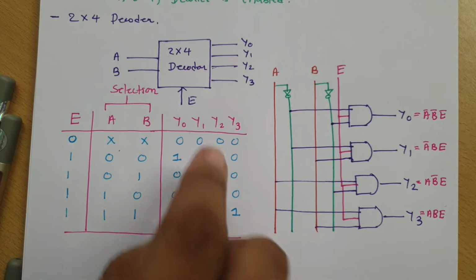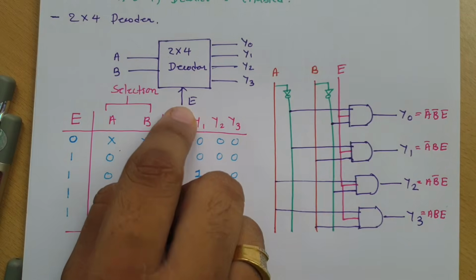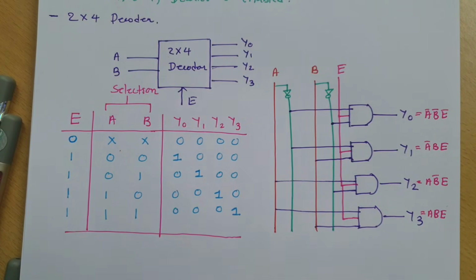So here the decoder is used to decode output, and based on the selection line we select the output line, and here we need to see this enable terminal that should be active high to enable this decoder, right?